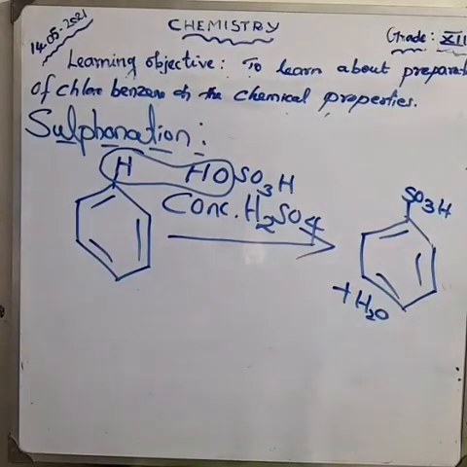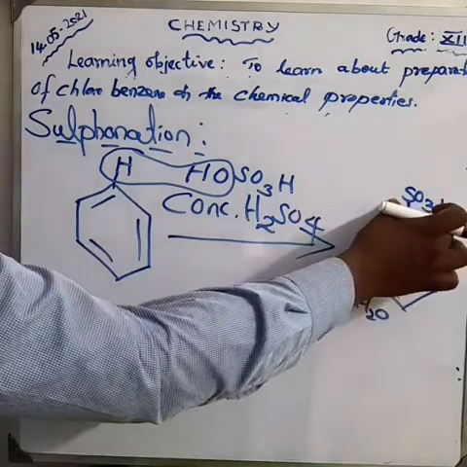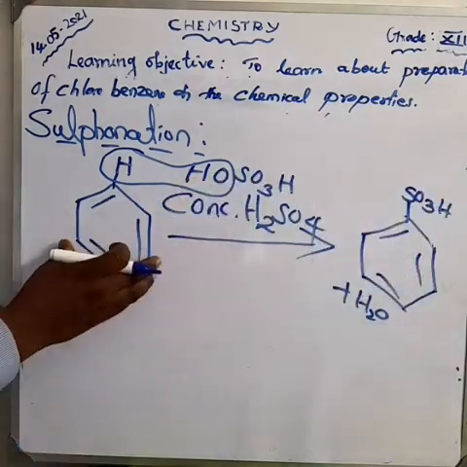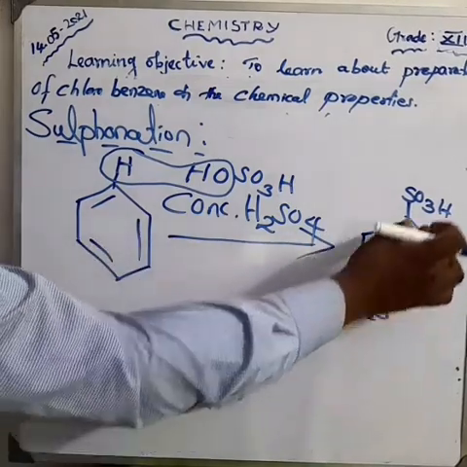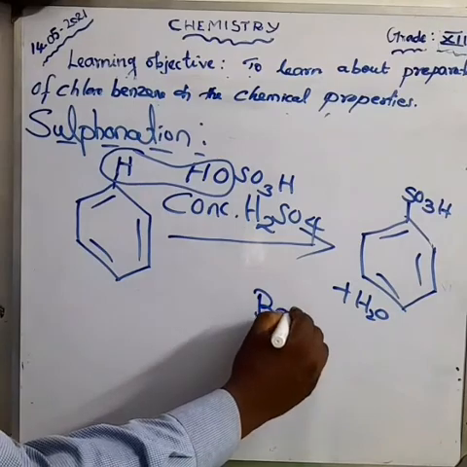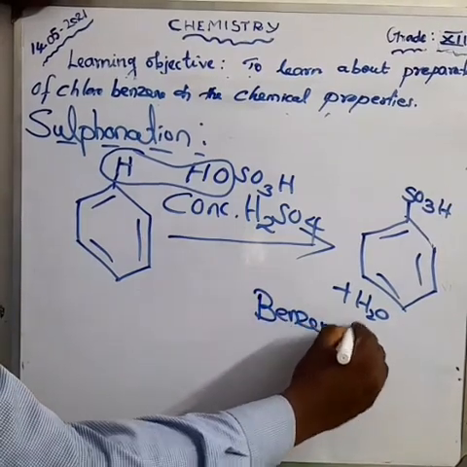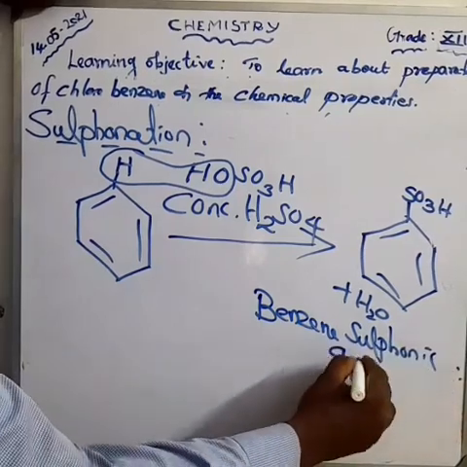Am I right? So the name of this compound is benzene sulfonic acid. This is also benzene sulfonic acid.